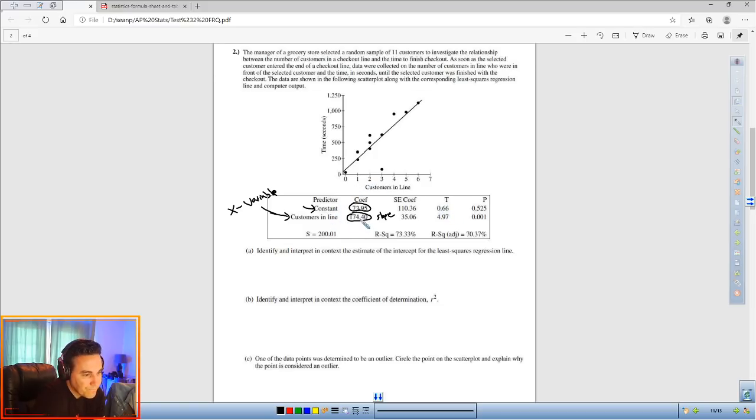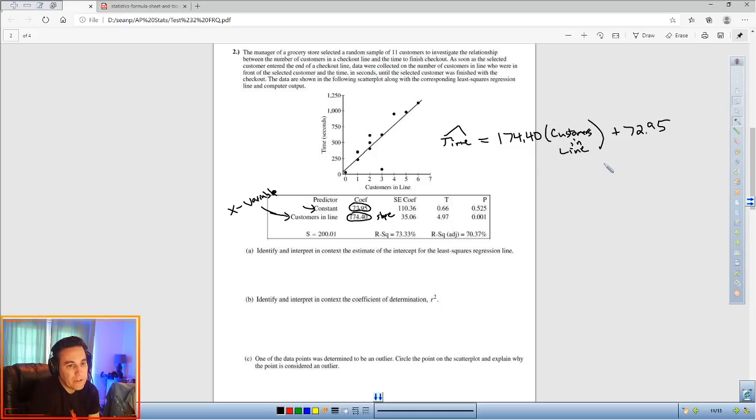So for this line, I remember this problem. The equation for this line would have been the predicted time, so I would have put time with the hat on it, equals 174.4 times customers in line plus 72.95.